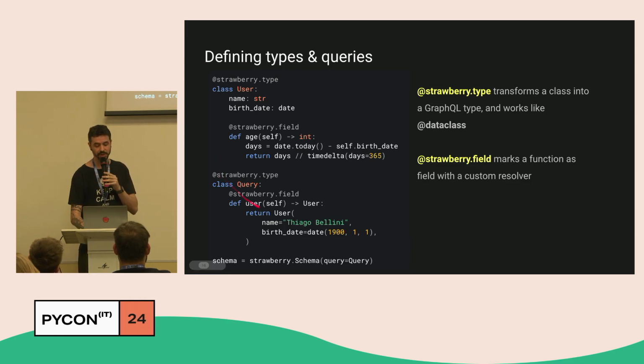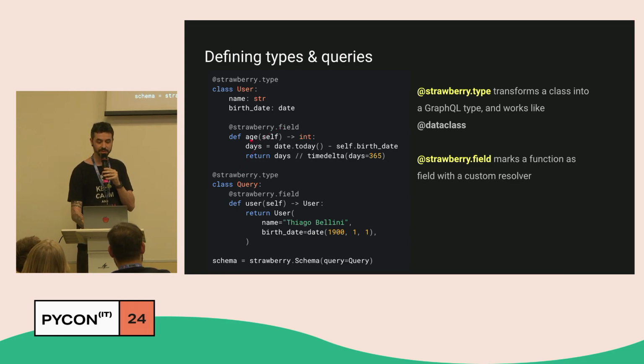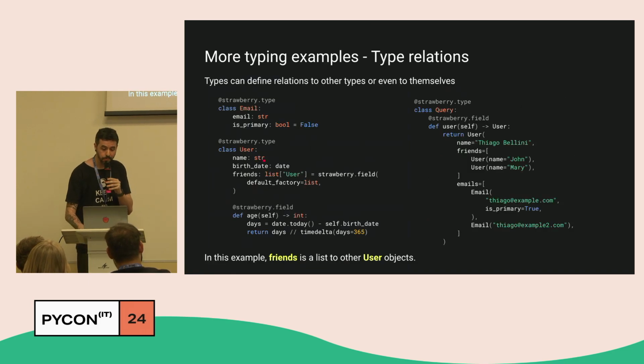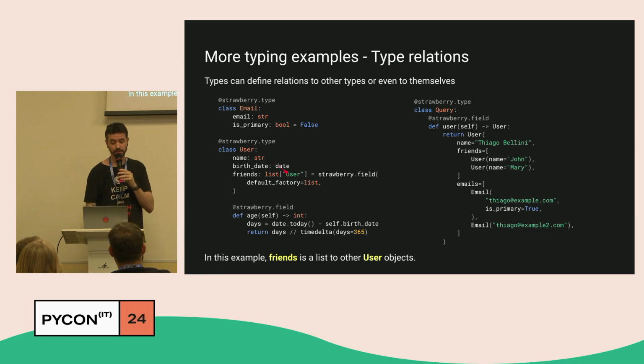And then I have a query, as I told you, the query is the root where I will do get operations, and I am asking for the user, and I will return it and just instantiate it as a Python data class. I notice that I am not passing the age to it because it's going to be automatically calculated. The same here, just to show some examples with relations.